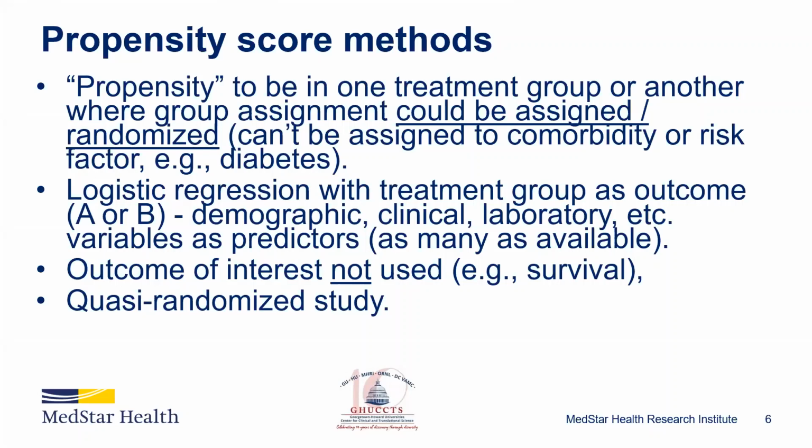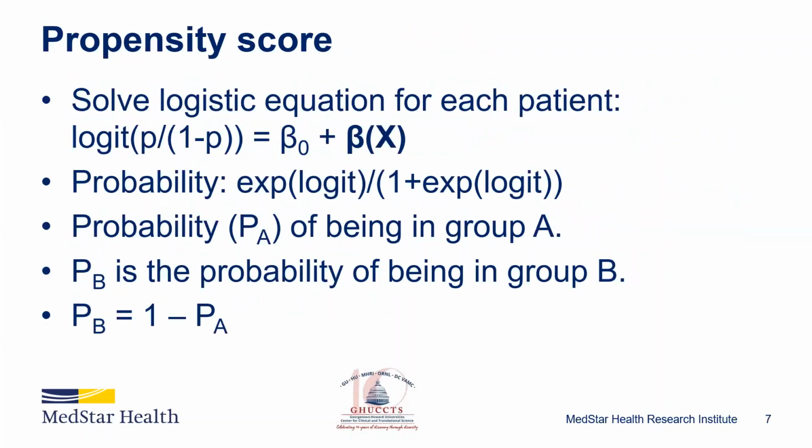And so the thinking is that in generating a propensity score and assigning people based on their propensity score to one group or the other, we come out with a quasi-randomized study. That is, we're going to use it in an attempt to balance out potential confounders between patients.